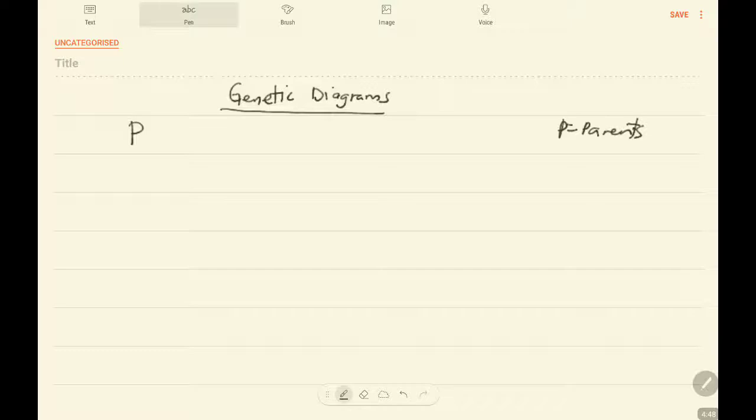Okay, so what we should write in the parents' generation is the genotype of the parents. For example, now we want to do a cross between big A big A and small a small a. Big A represents tall, small a represents short. Okay, tall allele and also short allele. So now the parents are the cross between tall plant and short plant. Okay, so this is homozygous tall, this is homozygous short.